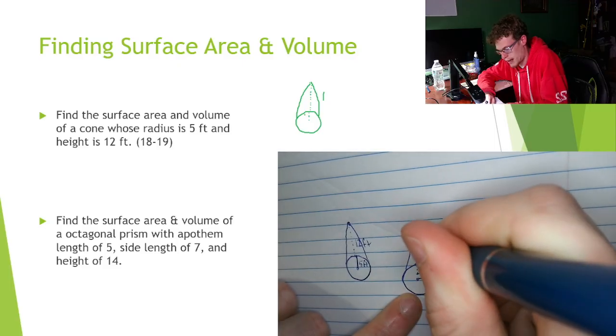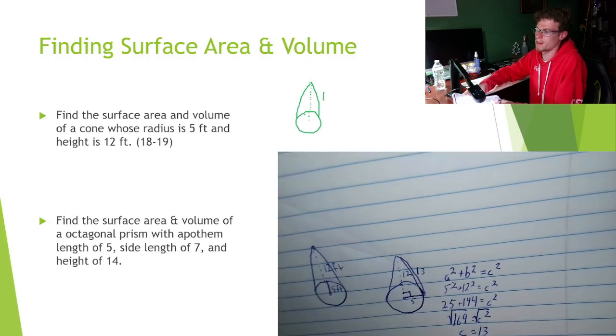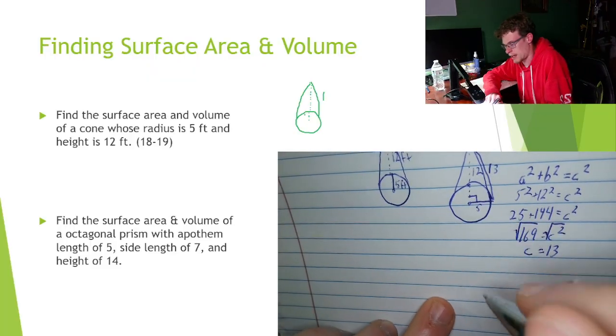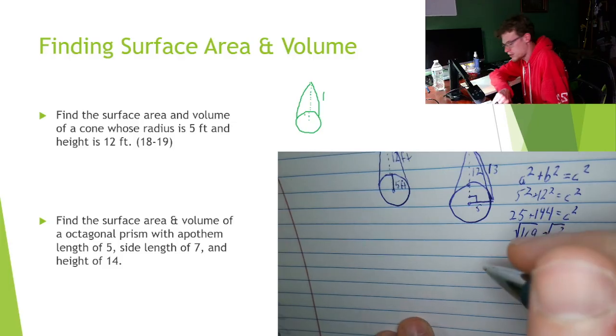So your slant height is 13. So from there, we can now find our surface area. You guys have a reference sheet to see what the formula is for the surface area of a cone. So let's use that real quick.